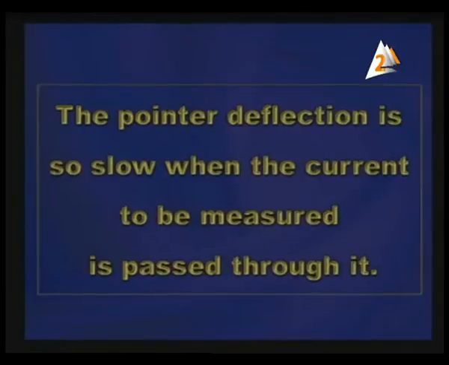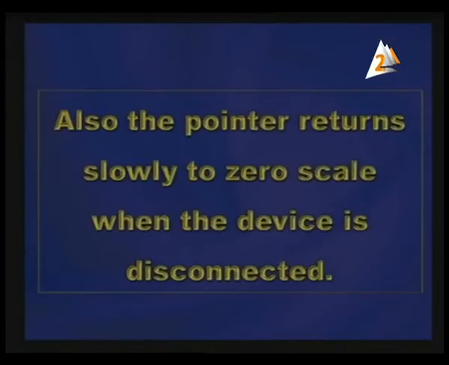So it takes time to measure. Also, the pointer takes time to return to 0. The pointer returns slowly to the 0 scale when the device is disconnected, when we finish measuring the current.